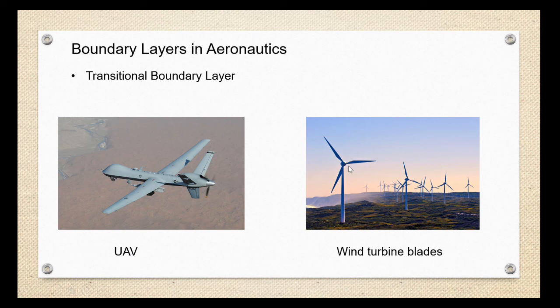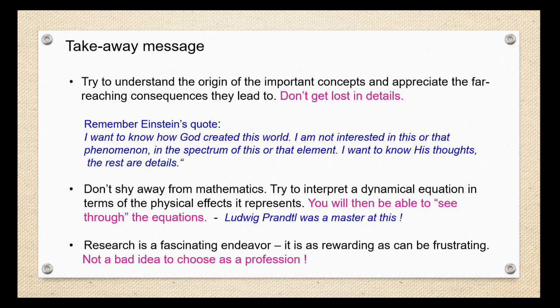Same is the case with wind turbine blades, which operate at relatively low speeds. So you will find that the boundary layers present on these surfaces are transitional, neither laminar nor fully turbulent. These are some of the instances just to give you a feel for the variety of applications that boundary layers have in aeronautics, and also to show you some colorful pictures.